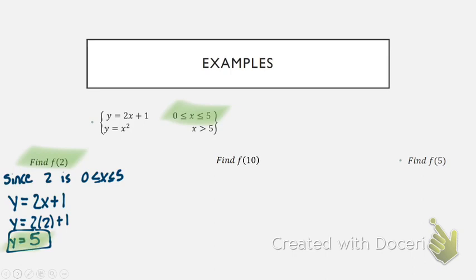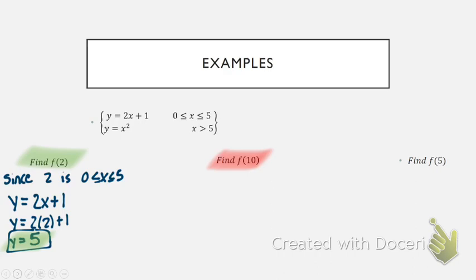So to find f of 2, I have to determine that it is in the first domain. And now that I know it's in the first domain, I plug it into y equals 2x plus 1. And once I plug it in, I get a y value of 5.